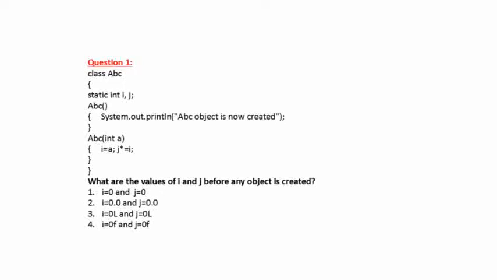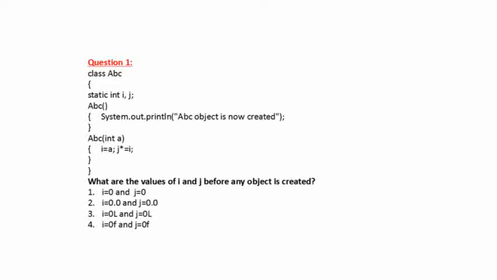Then you have a non-parameterized constructor in which you are printing a message, ABC object is now created, and you have another parameterized constructor where you are passing a value and it is going to the formal parameter called A, and there you have two statements, I is equal to A and J is equal to J into I. That is, in short, it is written J *= I. So two variables and two constructors, one non-parameterized constructor and one parameterized constructor.